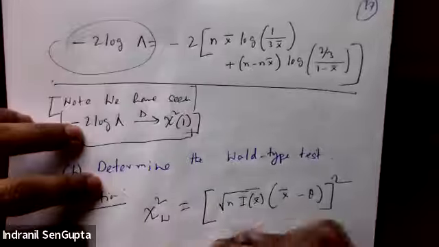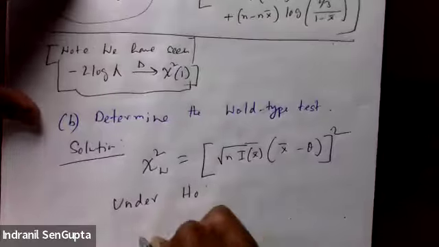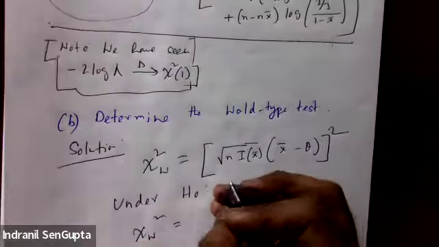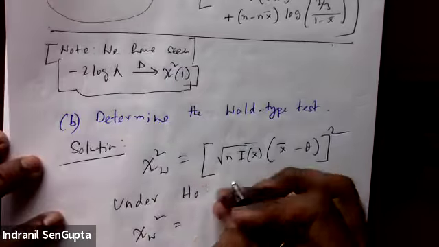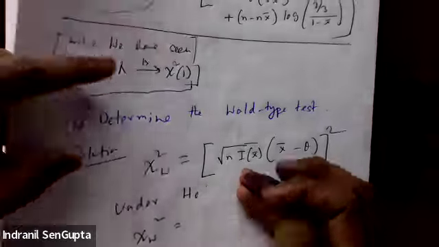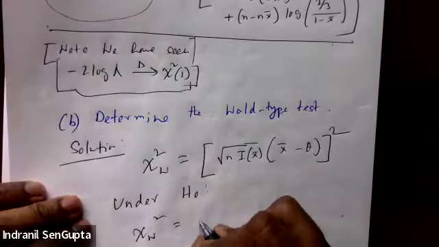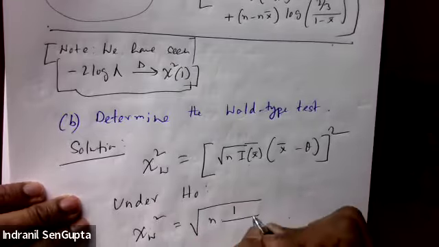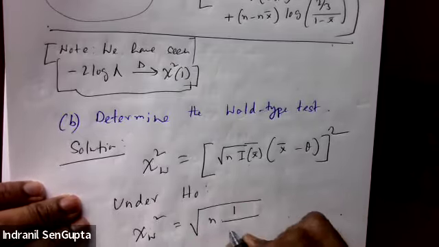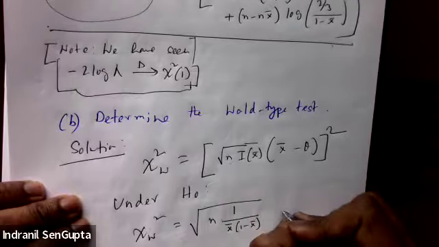So under the null hypothesis H0, W squared is given by, we found I of x to be, so it's square root of n times 1 over x bar times 1 minus x bar. So that is this quantity.